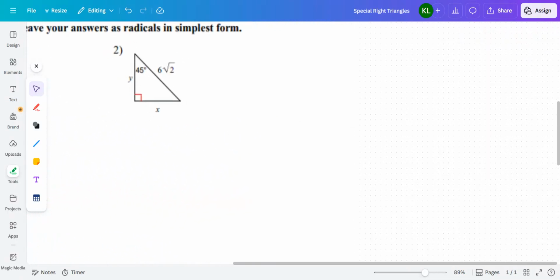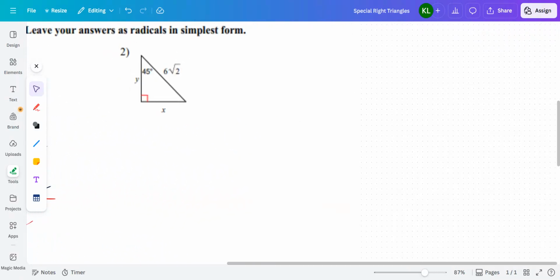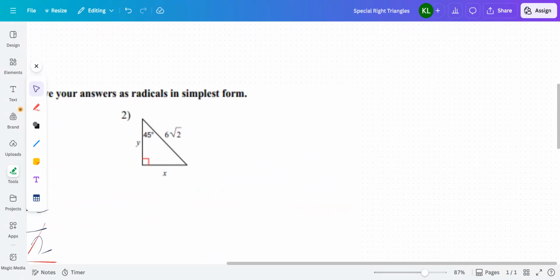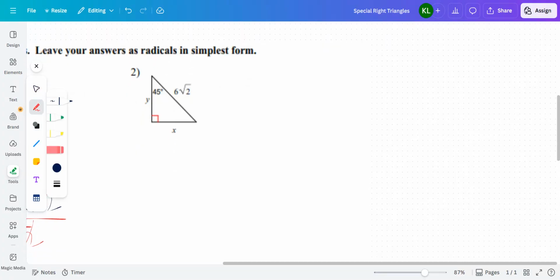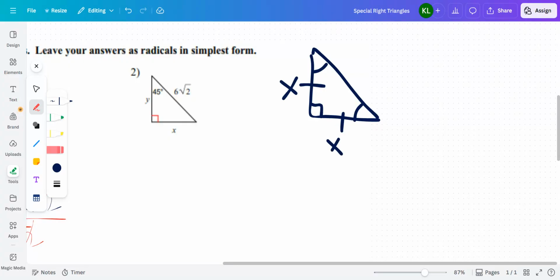Okay, let's go over here. Here my hypotenuse is 6 square roots of 2. I know that based off of this diagram, when I have a 45, 45, 90 right triangle, my legs are congruent. And my hypotenuse is going to be my leg times the square root of 2.